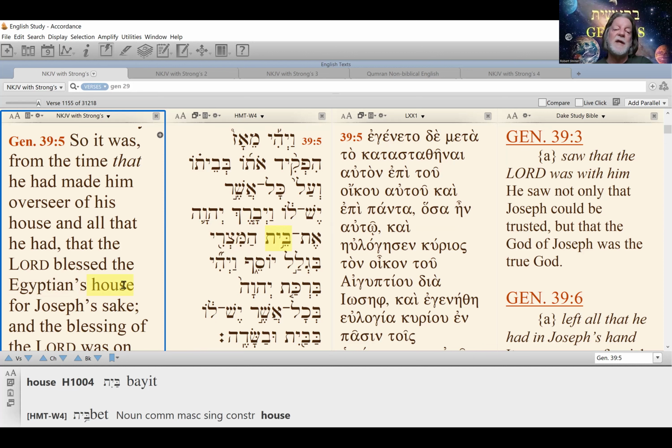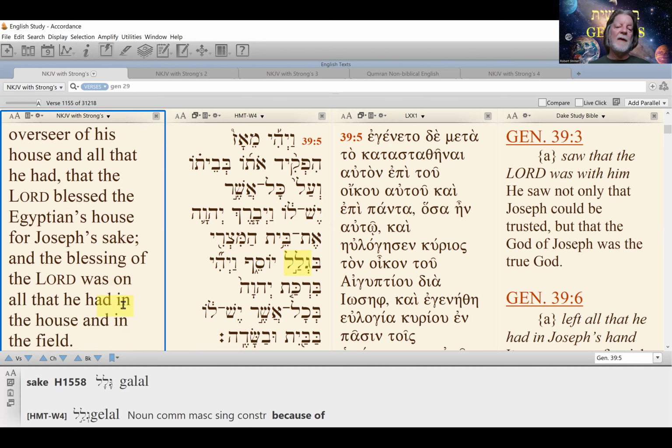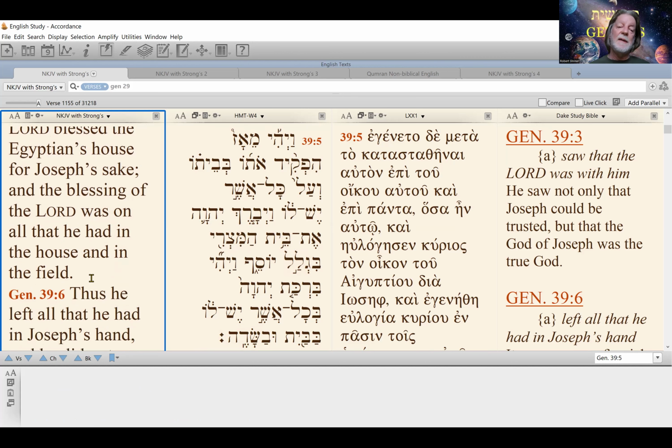He blesses Yosef, and his household gets blessed, and it was blessed for Yosef's sake. Biglal in Hebrew means for the sake of the person in question, Yosef. Biglal Yosef. And the blessing of the Lord was on all that he had in the house and in the field.